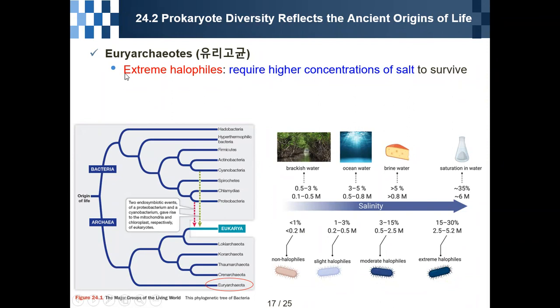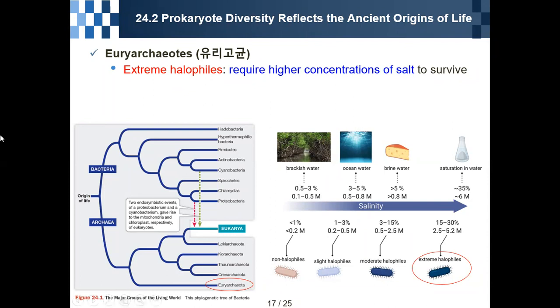They are extreme halophiles. We have non-halophiles, slight halophiles, moderate halophiles, and extreme halophiles. Because they are extreme halophiles, they can live in higher concentrations of salt, and they require a high concentration of salt to survive.